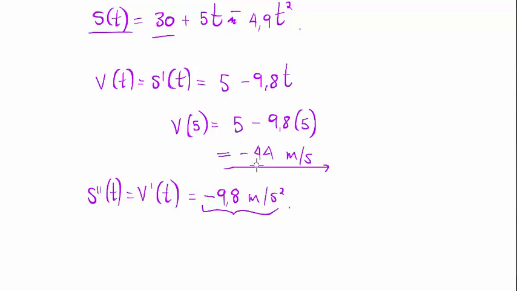So 1 second goes by and I'm 44 meters further. Do you understand what that means? Now this velocity changes all the time because there's acceleration. The next second it's going to be negative 53.8. In other words, in the next second my displacement is going to be negative 53.8 because my velocity is not constant.